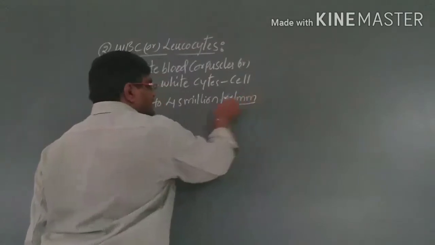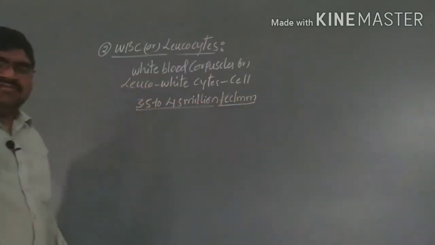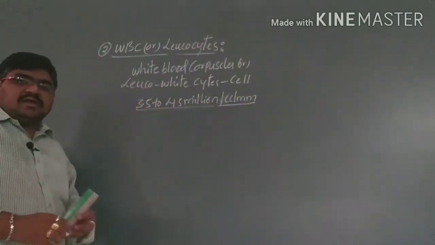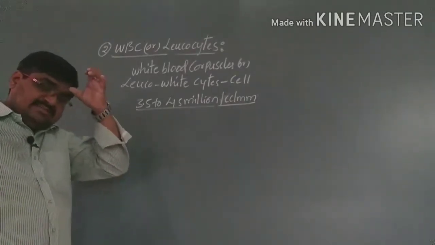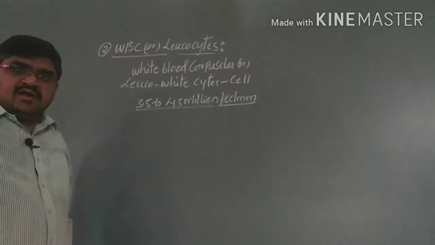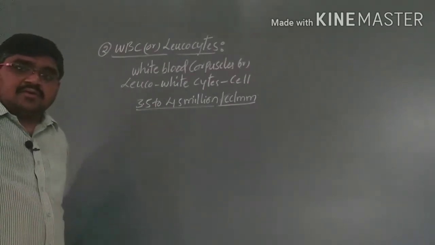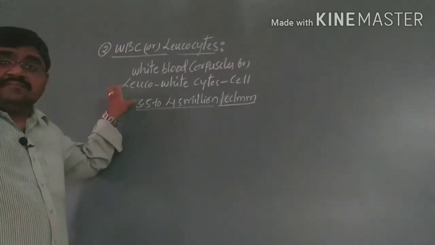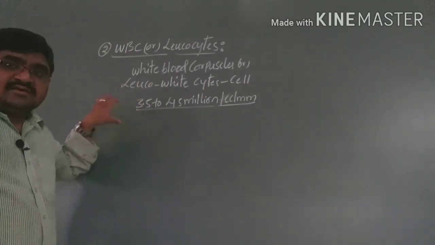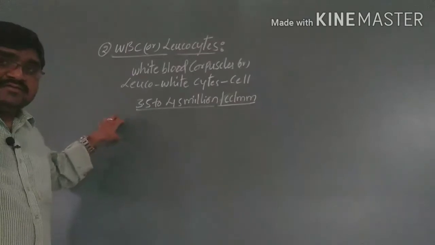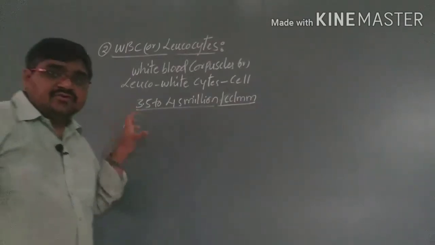These are very few when compared to the red blood cells, but the white blood cells play a very important role in the blood. They fight and protect the body from harmful germs.